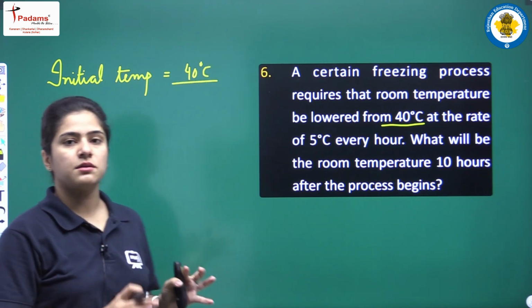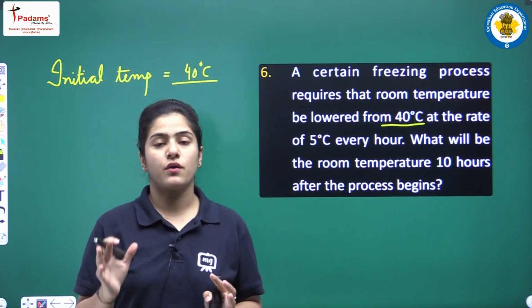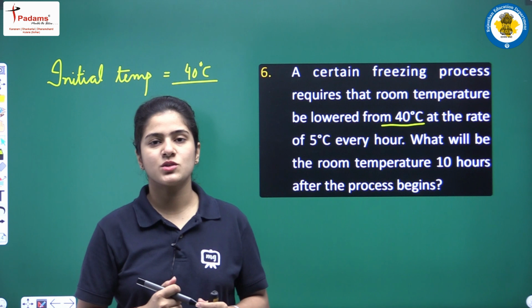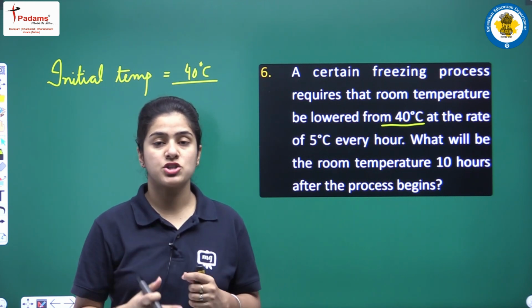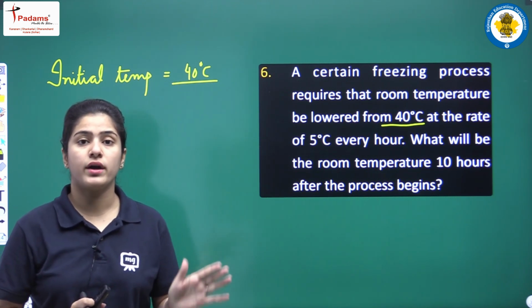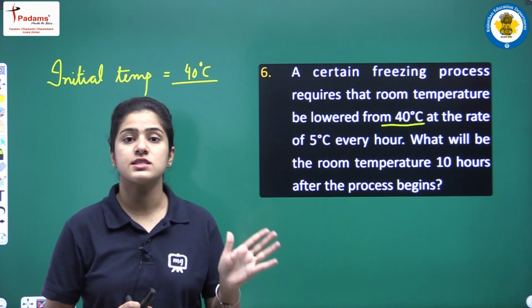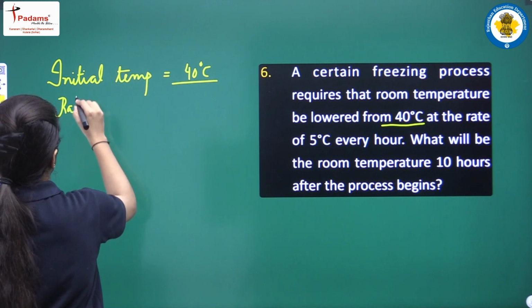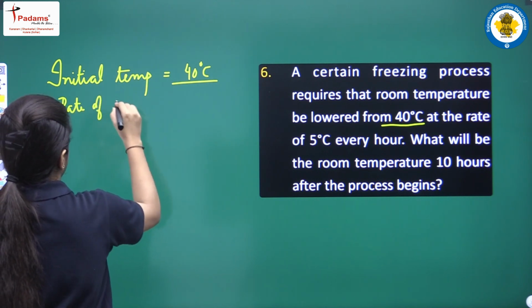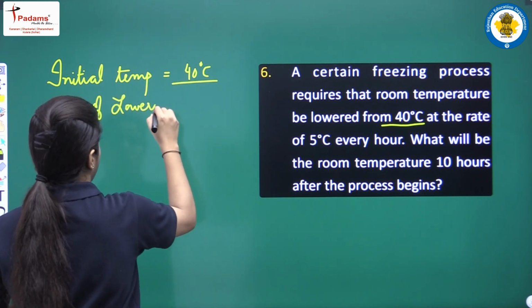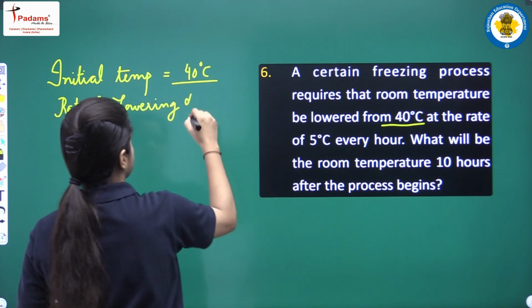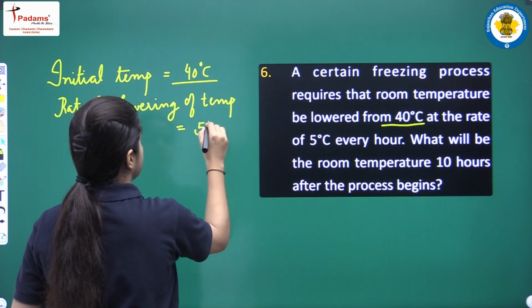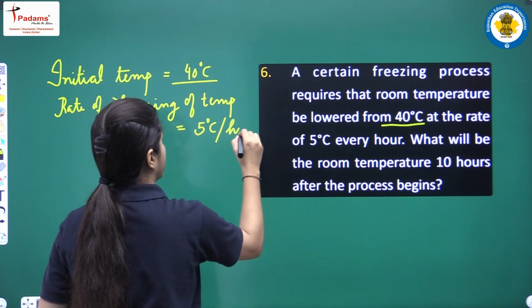Before anything is done, before the temperature is lowered, the original or initial temperature was 40 degrees Celsius. After that the operation begins and the temperature is lowered at the rate of 5 degrees Celsius every hour. So rate of lowering of temperature is equals to 5 degrees Celsius per hour.